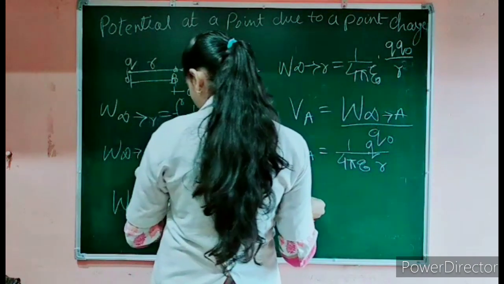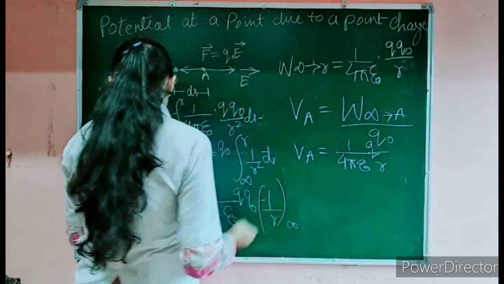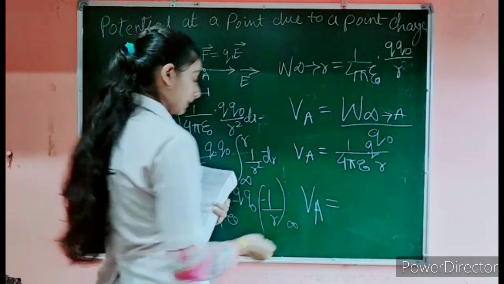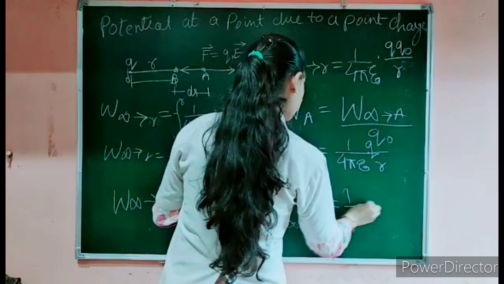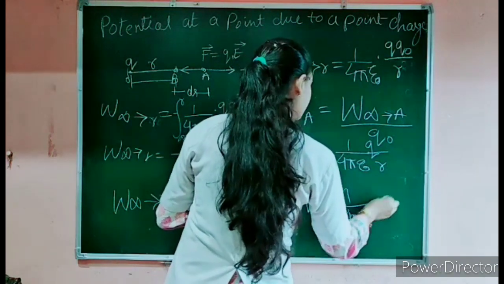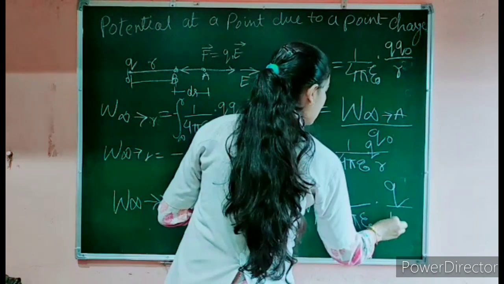Now if there is a medium of dielectric constant K around the charge Q, VA is equal to 1 upon 4 pi epsilon 0 into Q upon K into r.